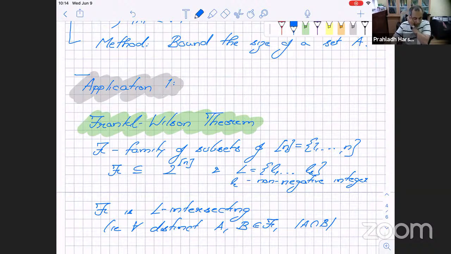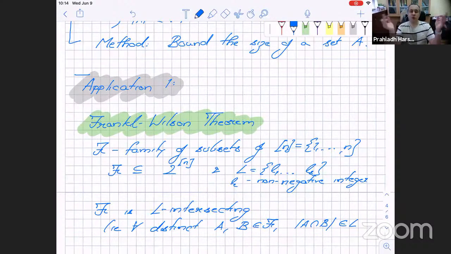I want to claim this actually belongs to L. The size of this set has to belong to one of these s numbers. That's when I call it L-intersecting. So a family of subsets is called L-intersecting if for every distinct pair in this family, the size of their intersection is a member of L.